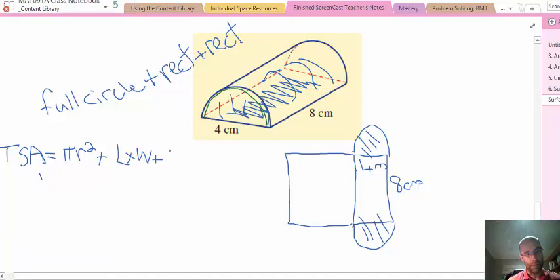So instead of 2 pi r, we have pi r. So that distance there will be pi r, because it's half of a circumference. A full circumference would be 2 pi r. This is only half of that. So that's pi r.